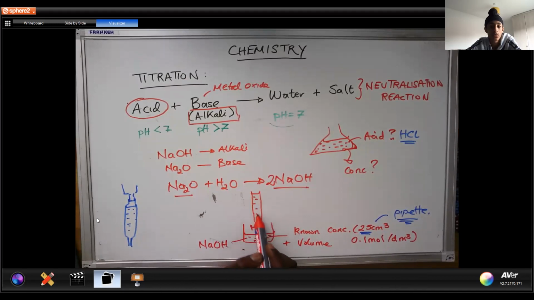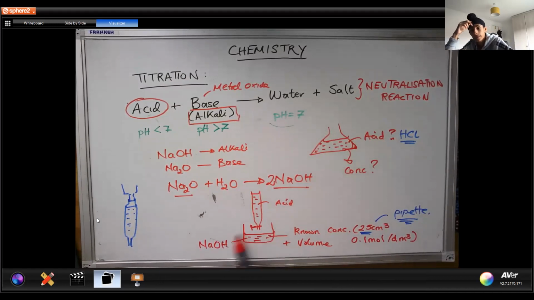Remember, this is the acid here, and I'm going to add it in until a neutralisation reaction has happened and all the sodium hydroxide has been used. Go for it. Because you put the indicator in to find out the pH, because it comes up with a color. You're absolutely right.